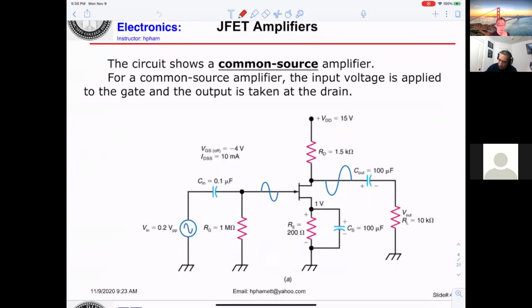That means we're talking about DC bias. You already know we have fixed bias, self-bias, and voltage divider bias. So which one will we be using for this configuration? Self-bias. Perfect. Yeah, self-bias.